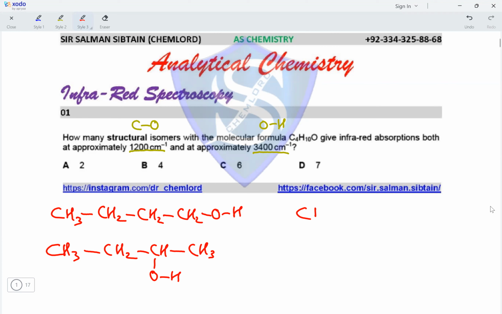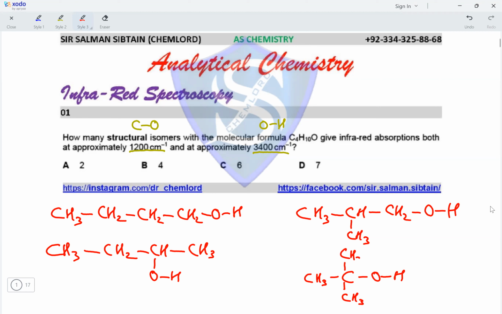We can have CH3, CH, CH3, with a CH3 group being a substitute group, and then we can have CH2, OH being placed here. So this is our third structure, which means we can only have one more structure in which we can have a central carbon atom with an OH group placed on one end and three CH3 groups placed on the remaining positions on the carbon atom.